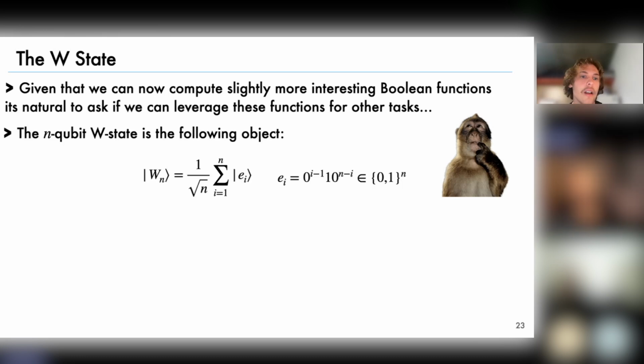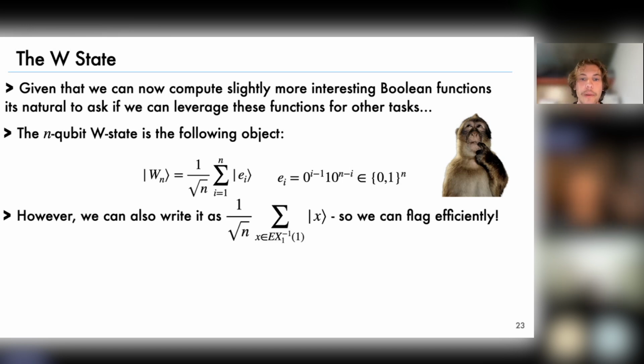In particular, our target is going to be the W state, which many of you may have seen before. It's the uniform superposition over strings of Hamming weight 1. I think physicists care about this state because it's symmetric and has nice entanglement properties. But for us, it's interesting because it can be written in the following form.